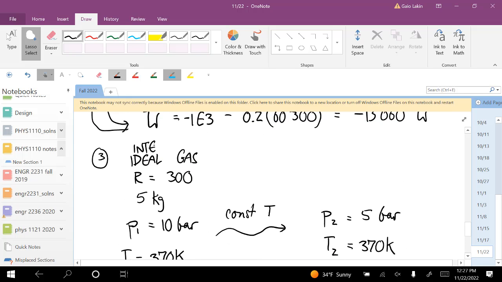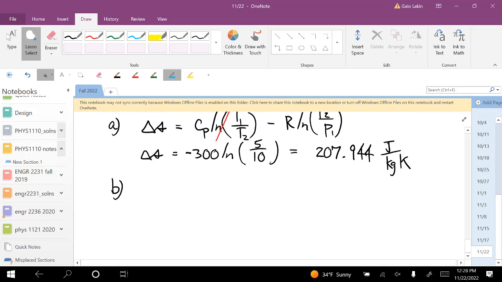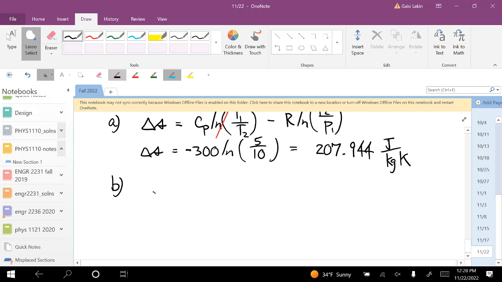And that's important. If you see internally reversible in a problem involving entropy, remember that what that means is the change in total entropy is equal to the total heat transfer divided by the temperature across the boundary.